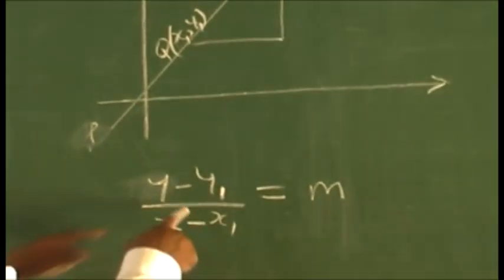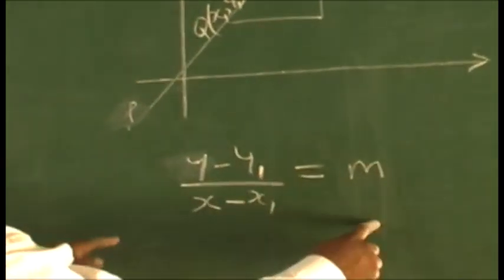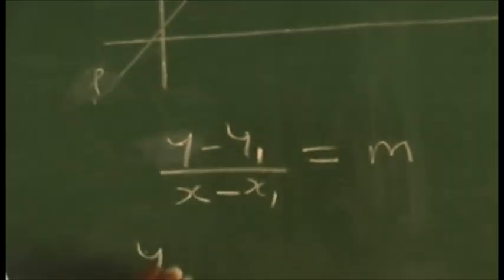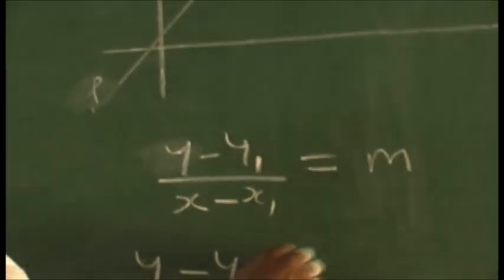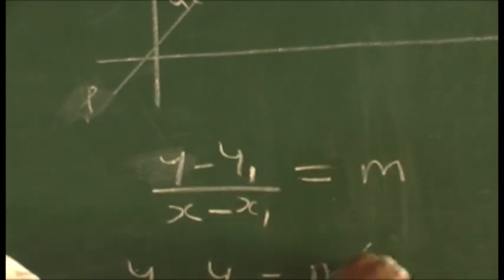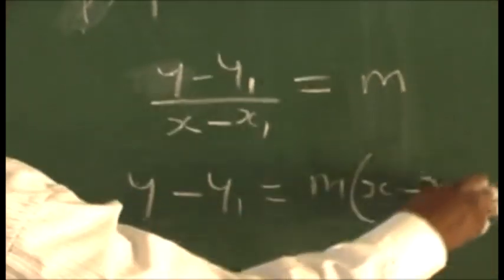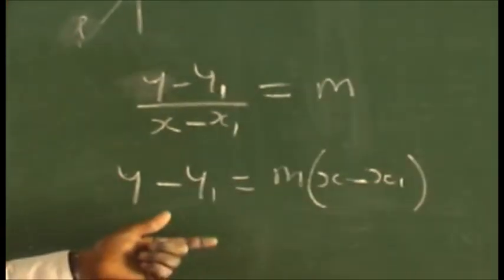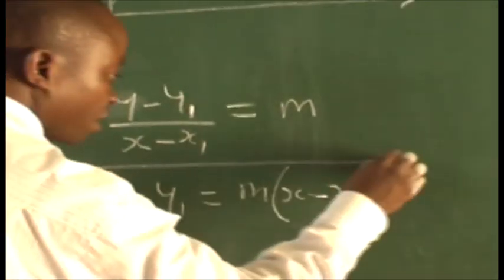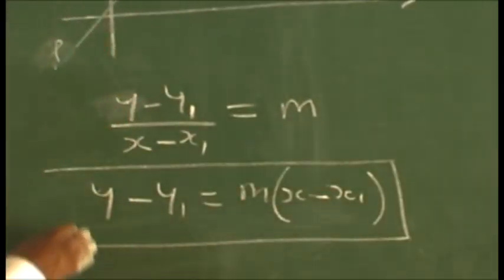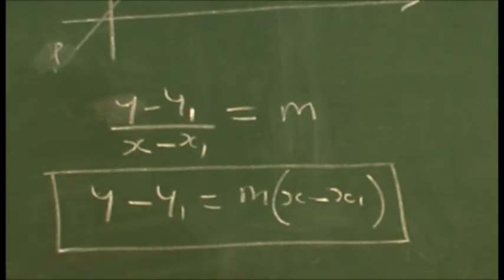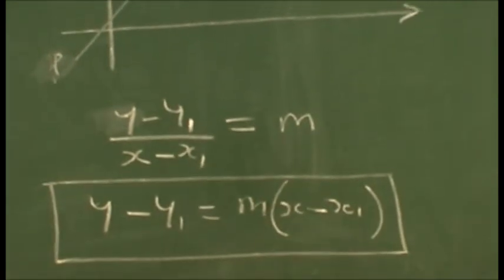Point 2 is a variable point. And so, for me to cross multiply this, I will have y minus y1 will be equal to m times x minus x1. This particular one is called equation of a line in gradient and 1 point form.